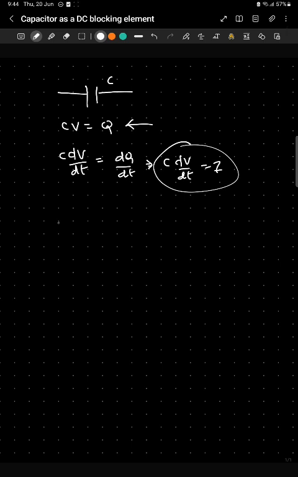So actually, let us imagine that we excite our capacitor by passing an AC signal whose voltage is given by the following form.